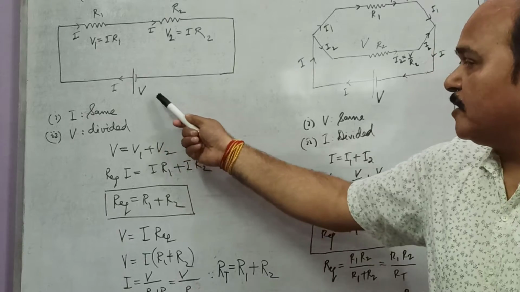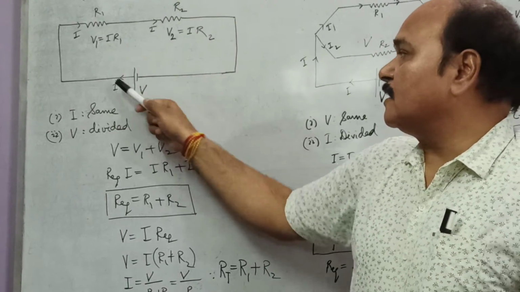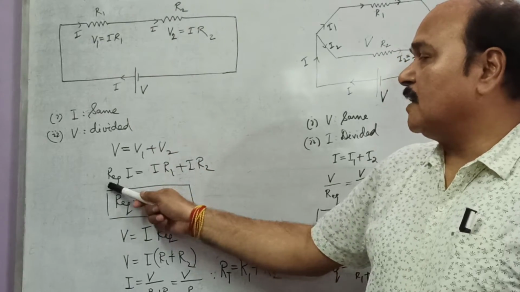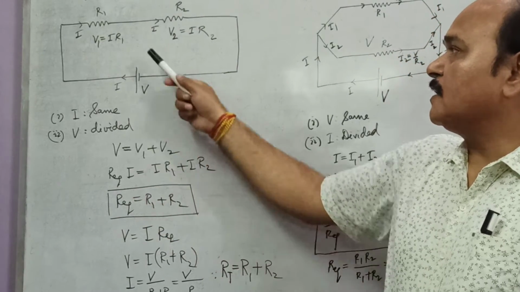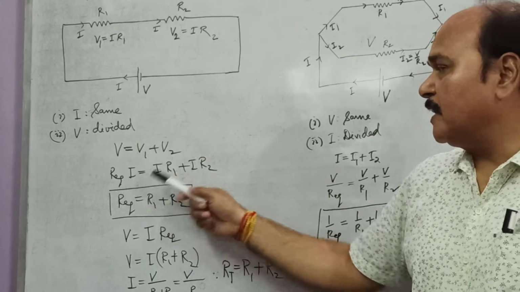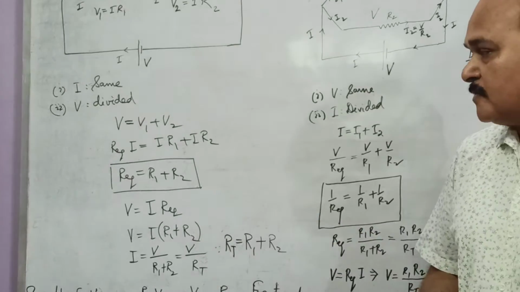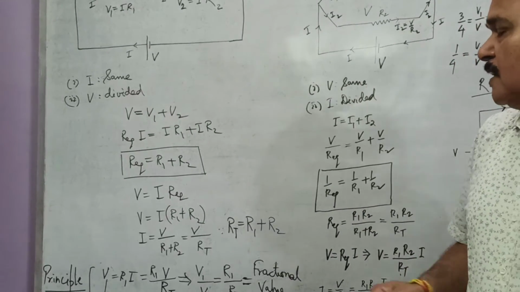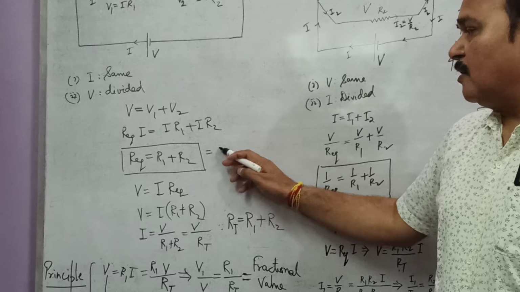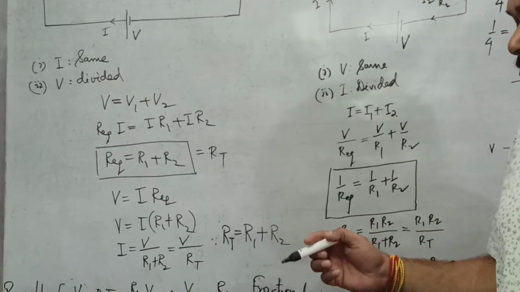This overall V can be written as equivalent resistance of the combination into current I, R equivalent into I. And what is V1? I into R1, V2 is I into R2. If we take I common and cancel out, we get equivalent resistance as R1 plus R2. This R1 plus R2 can also be written as sum total of the resistances connected in series.